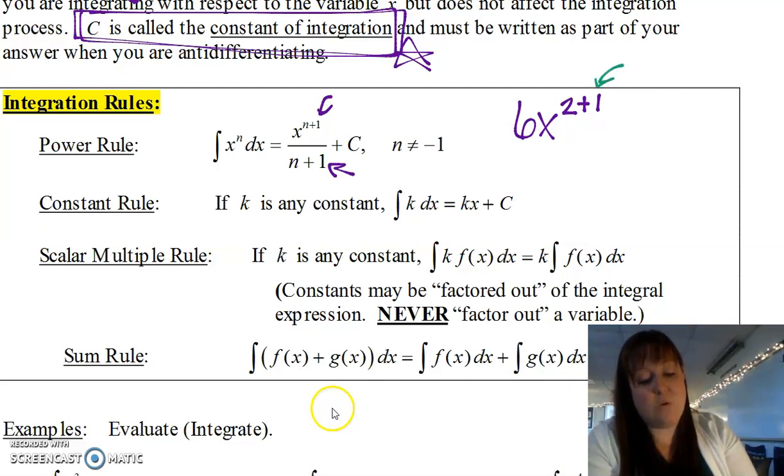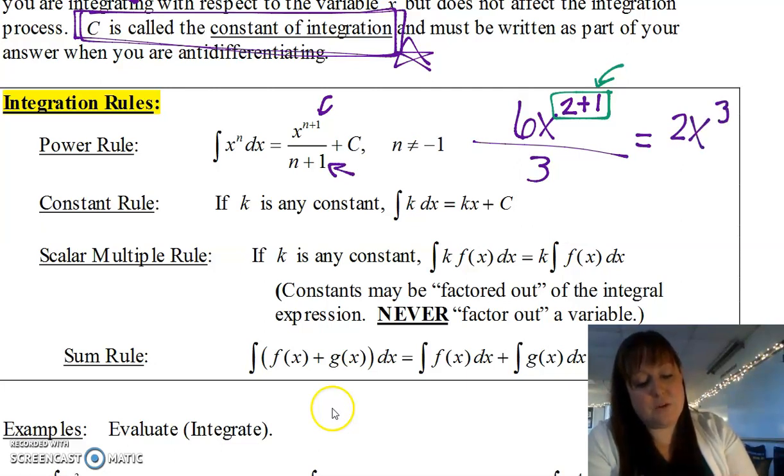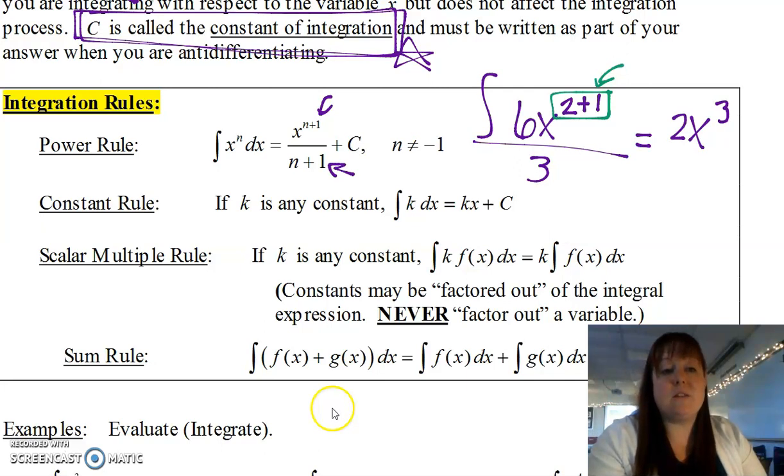So I divide by 3, and I end up with 2x cubed. So if I want to find the integral of 6x squared, it would be 2x cubed, and that would make sense. If I derive this, 3 times 2 is 6, and then I subtract 1, which is 2, so it really is 6x squared. So let's see why I do that. So that's the power rule.